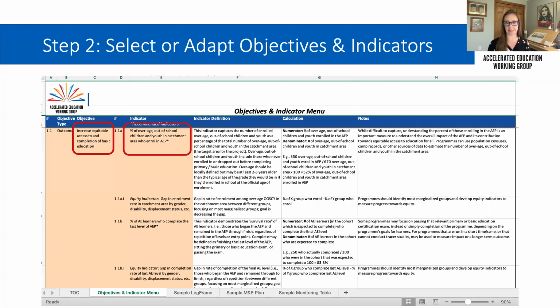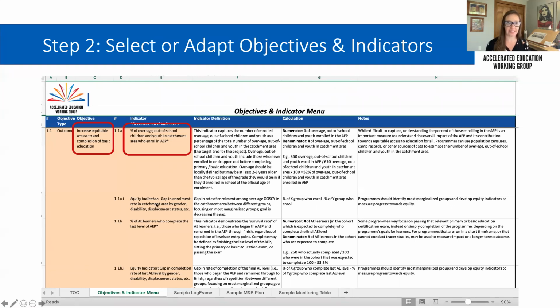And one thing just to point out, thinking back to that riddle or example that I provided, you'll notice that these 2 indicators are more specific than the example that I gave around out-of-school children and youth transitioning. And so we really wanted to make sure that in the indicator, we used precise language about exactly what we're measuring so that there's a lot more clarity around what it is that the indicator and the target and then the subsequent percentage is actually representing.